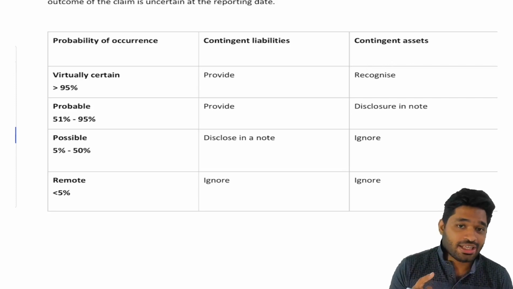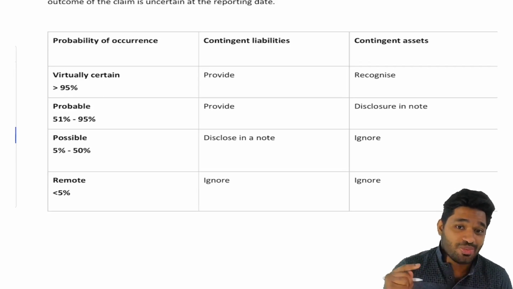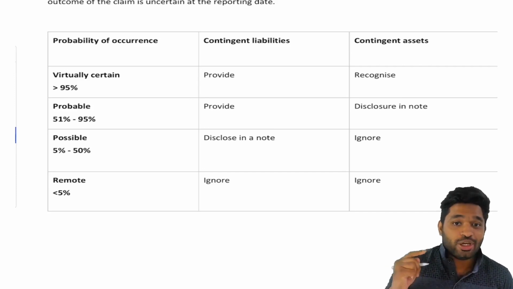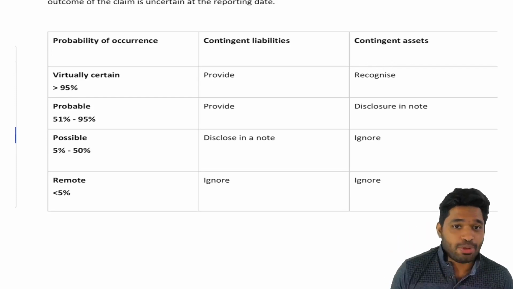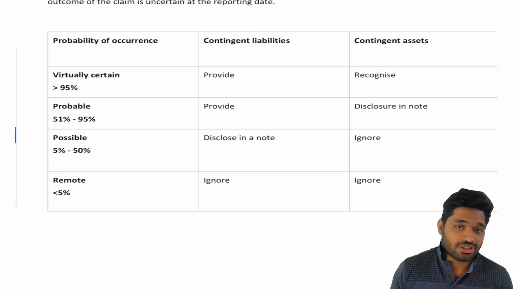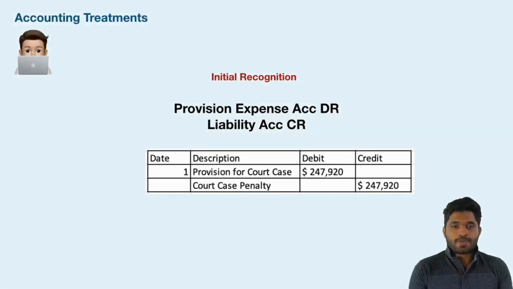Remember, under liabilities, if it is above 50%, you keep a provision. But when it comes to assets, it has to be virtually certain. That means it has to be above 95%, right? So if it is between 50% to 95%, then you disclose it as a note. Anything below 50%, you completely ignore it, right? Clear? Now let's look at the accounting treatments.